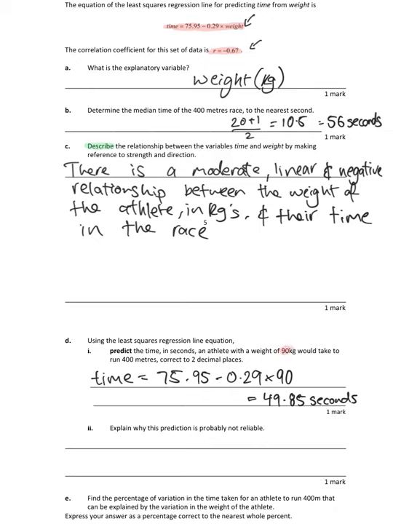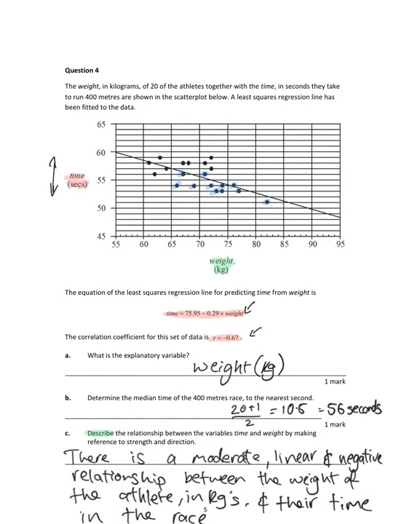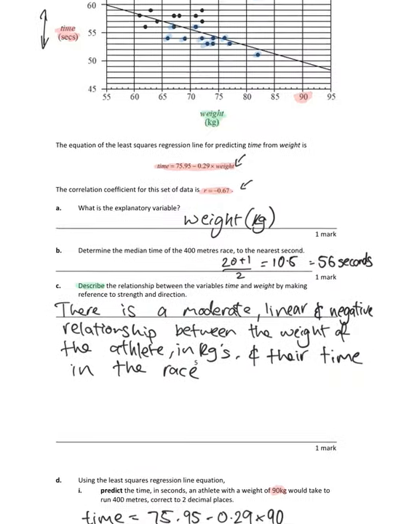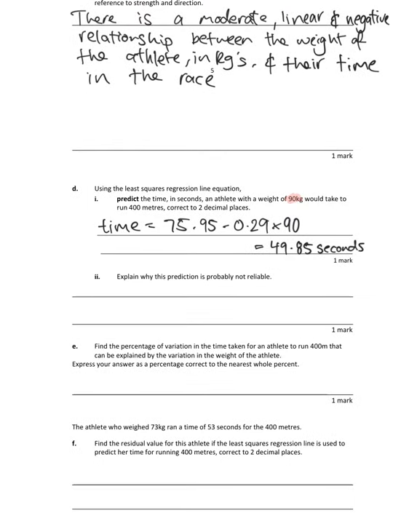If we go back up to the weights, we can see we don't actually have an athlete in the study that's 90 kilograms. So we are extrapolating. We're predicting beyond the data we've been given. So that's the first thing you'd say about why it's not reliable.